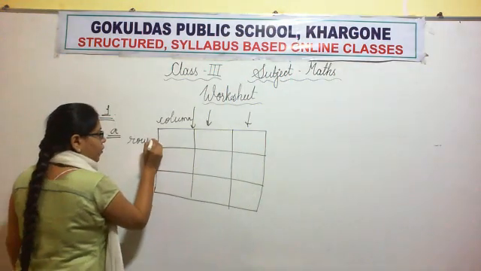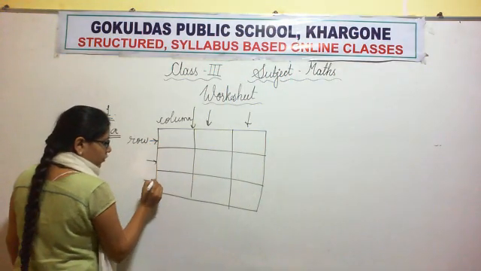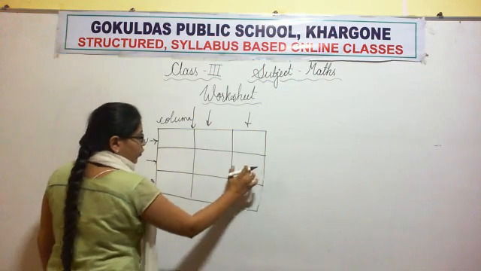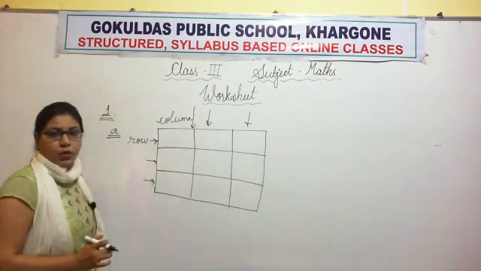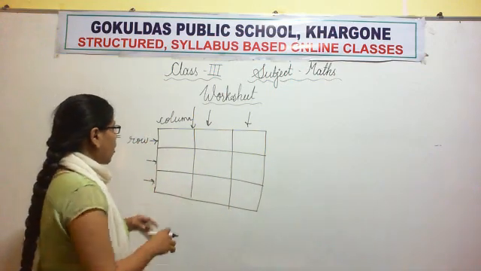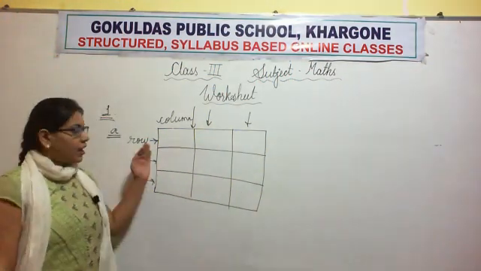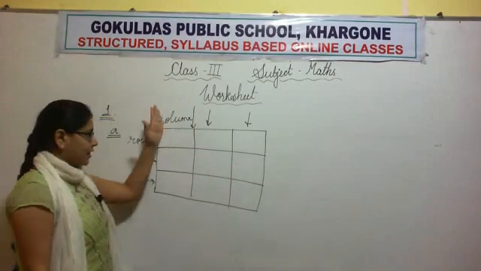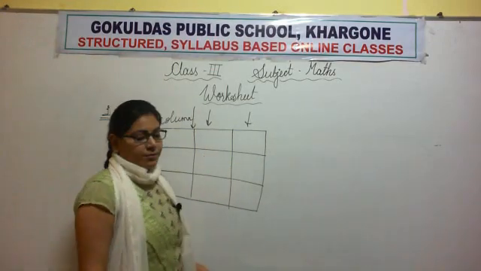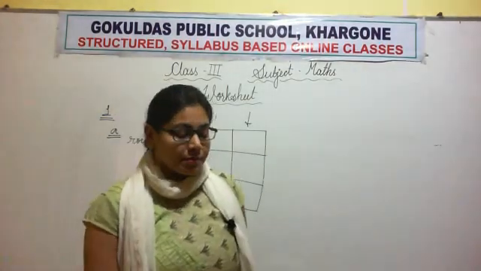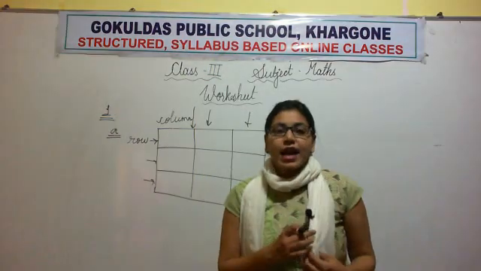These are the rows 1, 2, 3. 1st row, 2nd row and 3rd row. Now these are the columns. First column, second column and 3rd column. Understood? Rows and columns.